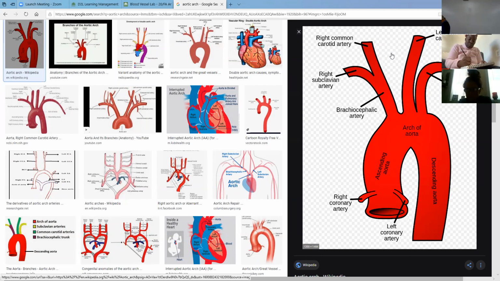Another interesting one is number 69, the great saphenous vein. That brings blood back from your lower legs. A friend of mine just had triple bypass surgery, and that's the vein they use to bypass the blocked coronary blood vessels, because this is a vein with what's called anastomosis.